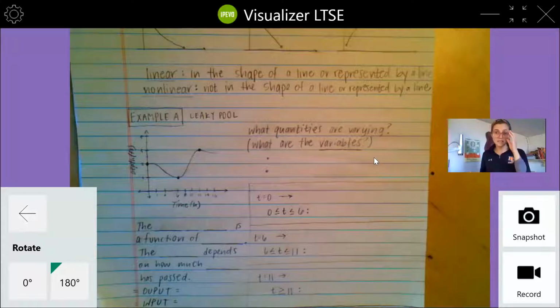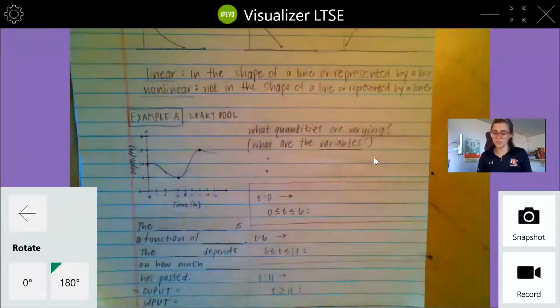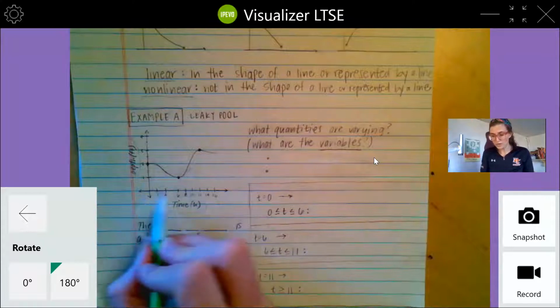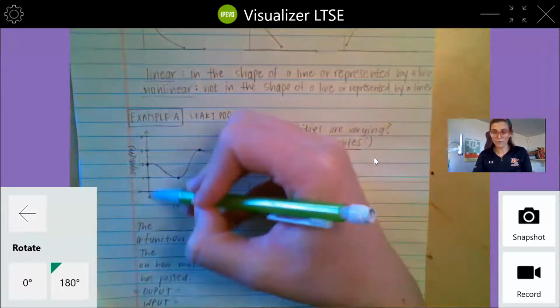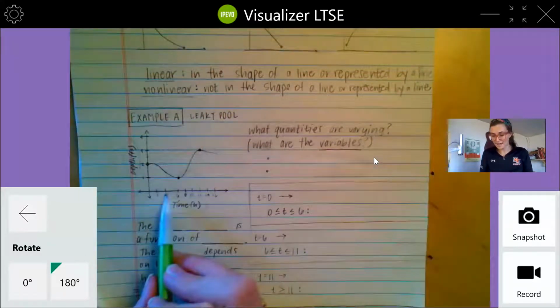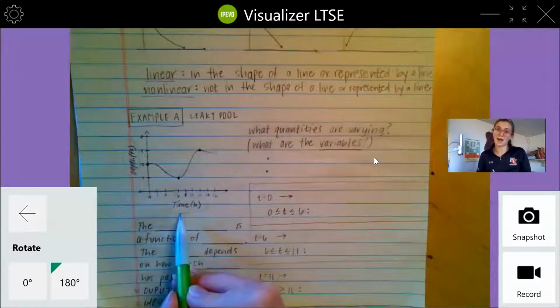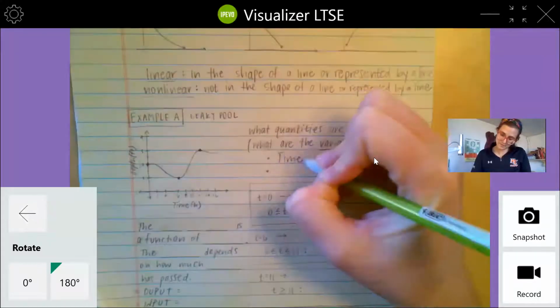And the easiest way to look, if we're given a graph, is to look at the axes. How are the axes labeled? Remember, this is our horizontal axis. This is our vertical axis, okay? And our horizontal axis is labeled time in hours. So that's one of our variables, will be time.